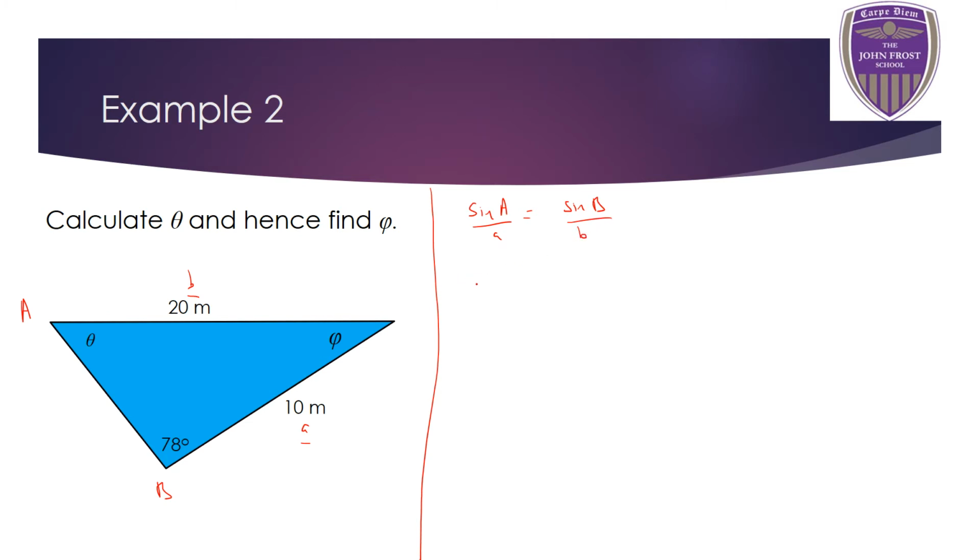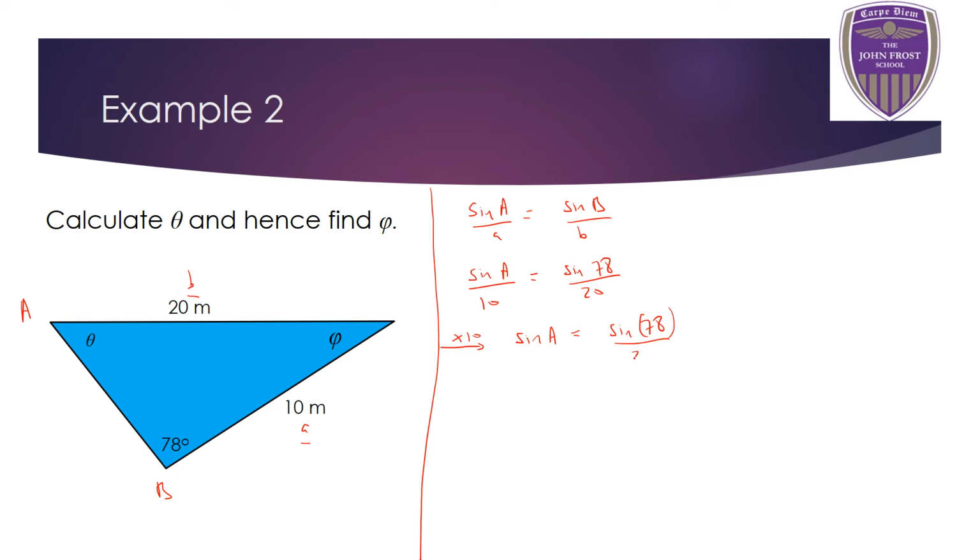And this means then that sine A over 10 is sine 78 over 20, as before. Multiply by 10 first of all. So you get sine 78.